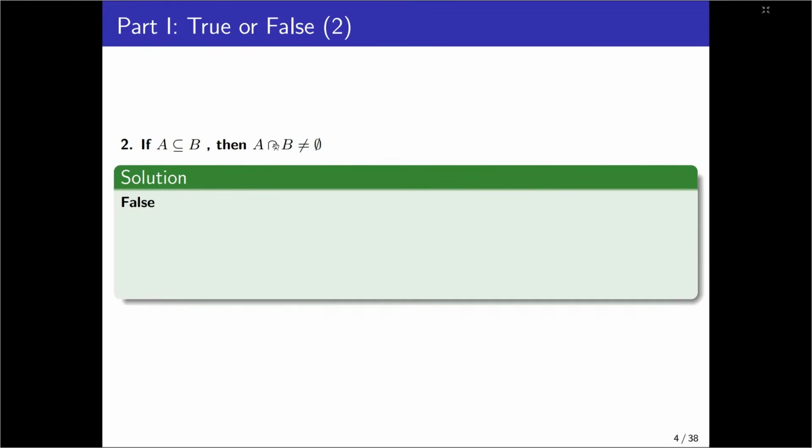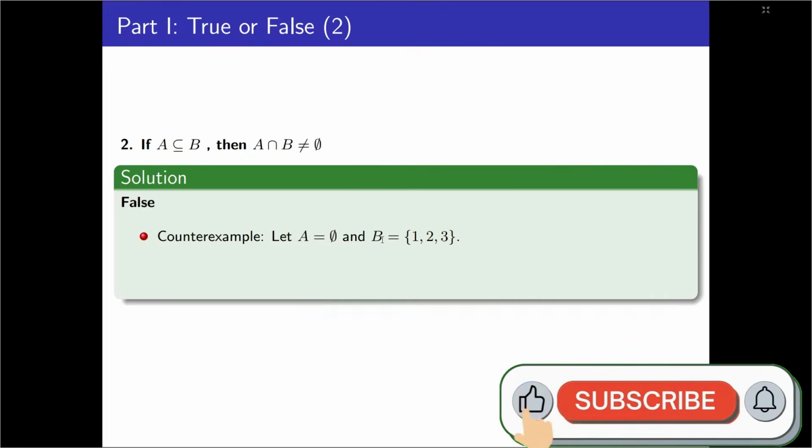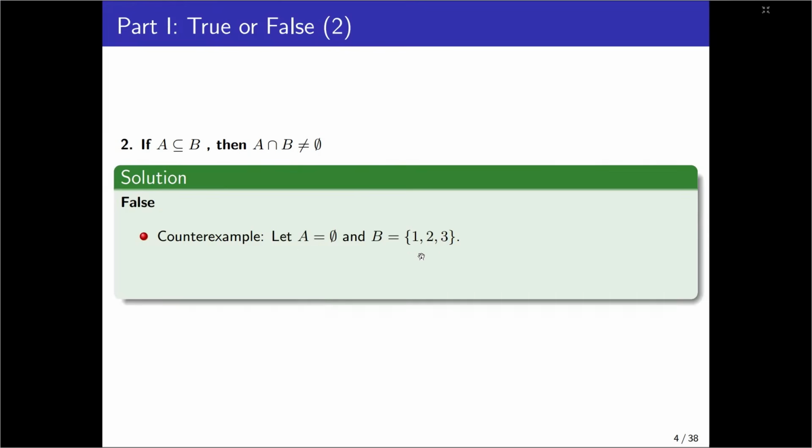When we say this statement is false, let us take a counter example which supports our answer. As a counter example, if we take A to be an empty set and B to be the set containing 1, 2, and 3, A can be the empty set because we know that the empty set is a subset of any set.